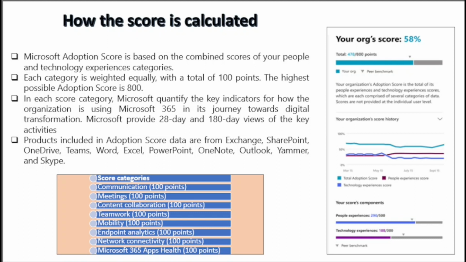In each score category, Microsoft quantifies the key indicators for how the organization is using Microsoft 365 in its journey towards digital transformation. Microsoft provides 28-day and 180-day views of the key activities. Products included in Microsoft Adoption Score data are Exchange, SharePoint, OneDrive, Teams, Word, Excel, PowerPoint, OneNote, Outlook, Yammer and Skype.